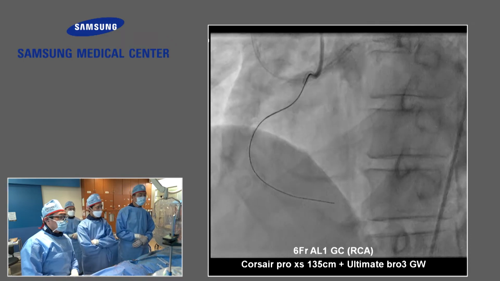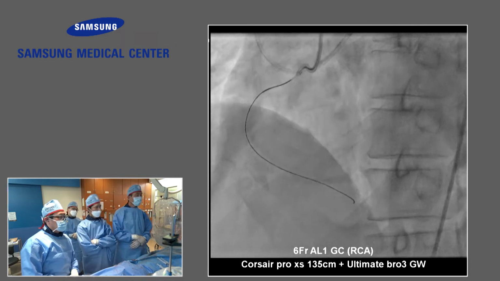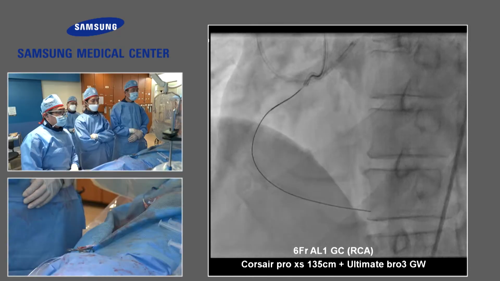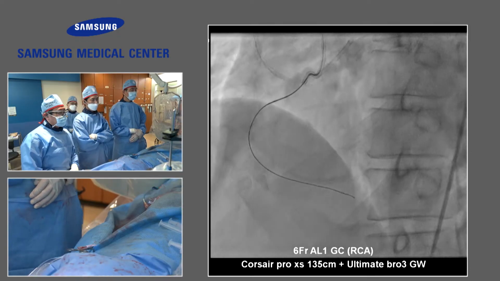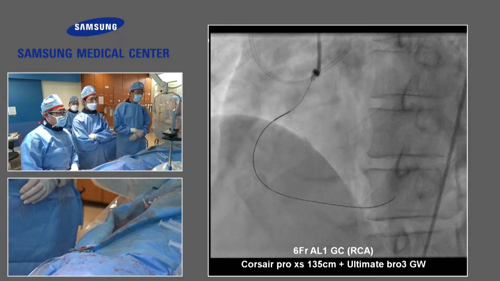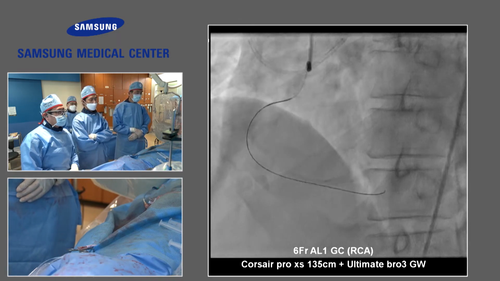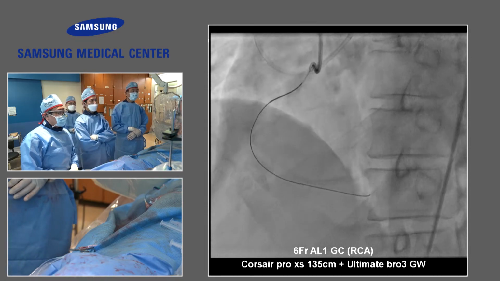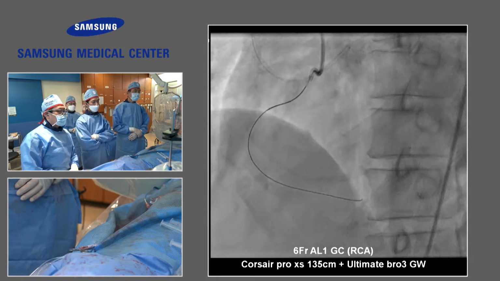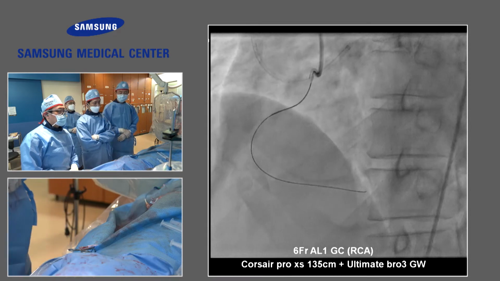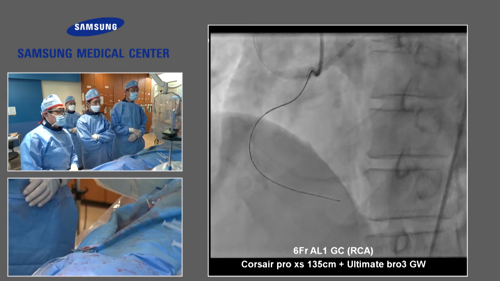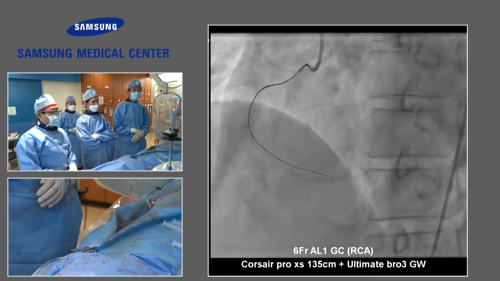We usually use XS only for retrograde, not antegrade, because the profile of the distal shaft is 2.1 French, while it is 2.6 French in Corsair Pro. There is some difference in the shaft thickness. Thus, in pushability, Pro would be better than XS. So we usually use Corsair Pro in this case, not XS. Yeah, you're right. I learned that.